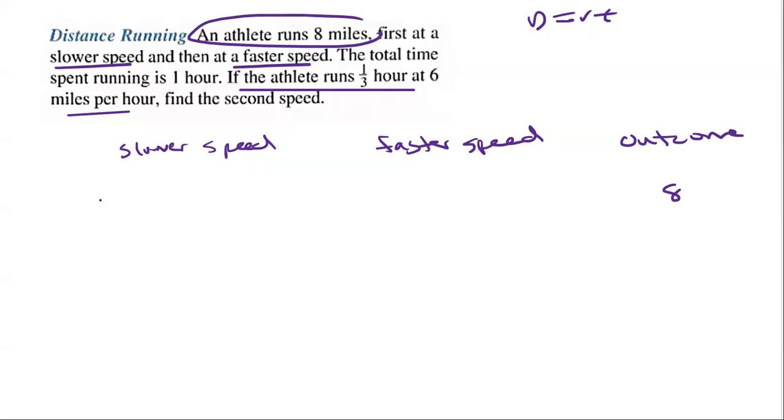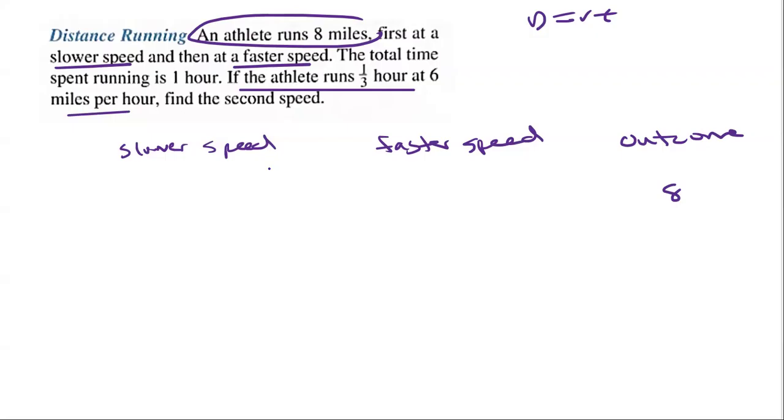And for the first one, all right, do we know how fast the person was going on the slower speed? How fast was the person going at the slower speed? Exactly 6, right?